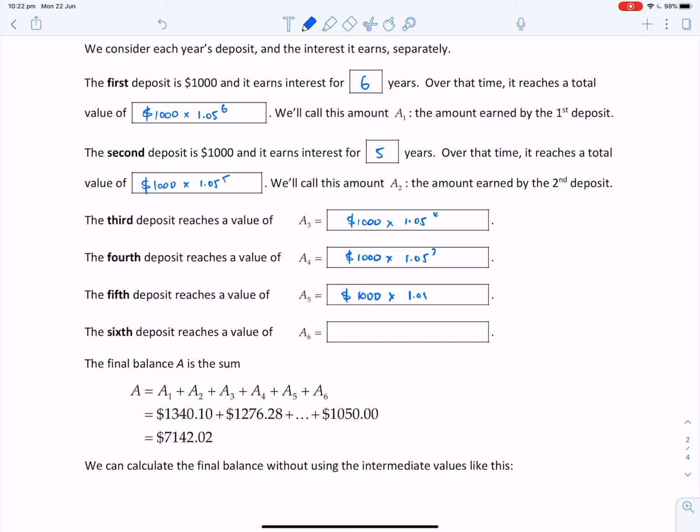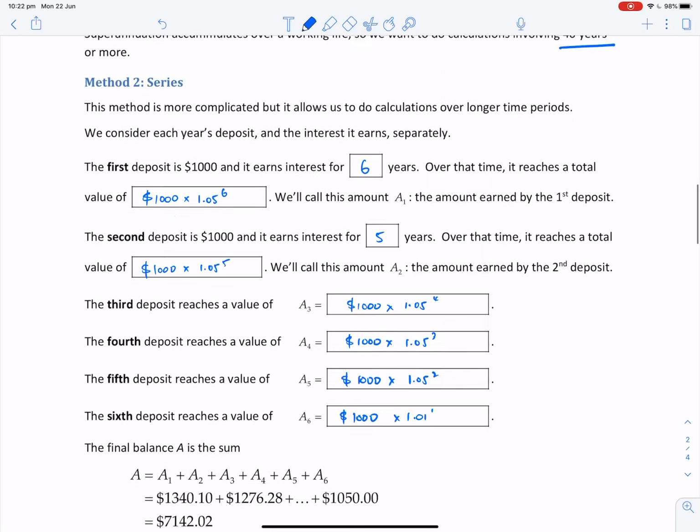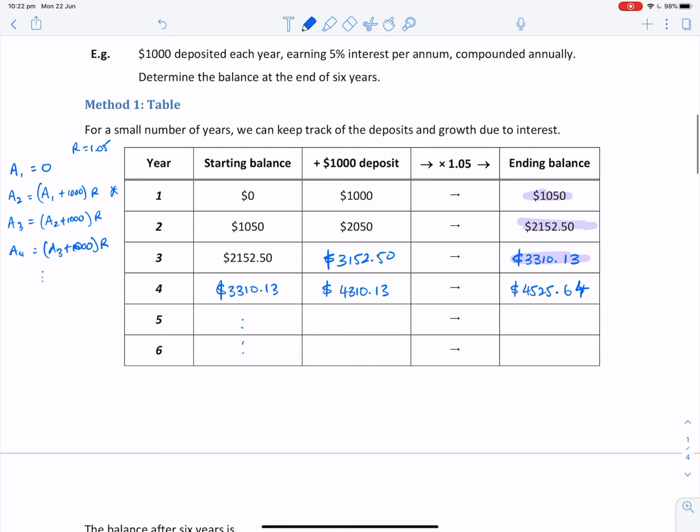The second deposit, like so. And the fifth deposit, and then the sixth deposit. Okay, so that earned interest for 1 year. We can see that here. We had a starting balance at the start of the 6th year. We're ignoring that. We're just looking at the deposit and how it earned interest for 1 year at the end.